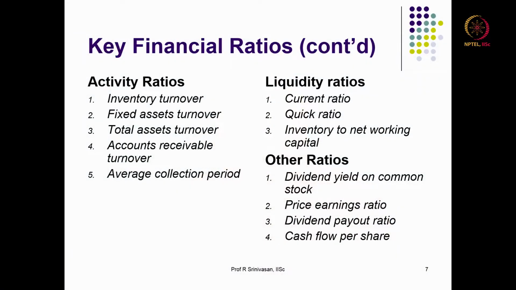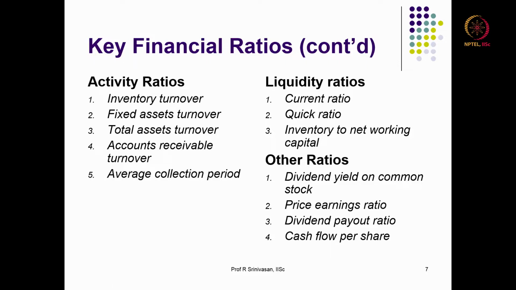Then the fixed assets turnover, a measure of the sales productivity and utilization of plant and equipment. Then the total assets turnover, a measure of the utilization of the firm's assets. A ratio below the industry average indicates the company is not generating enough volume of business given the size of its assets investment.